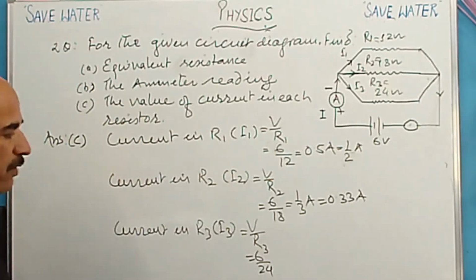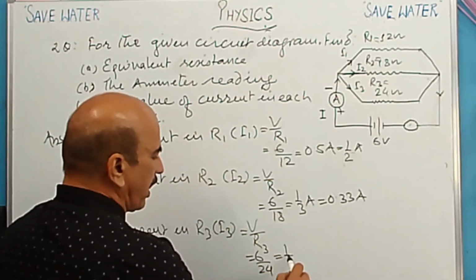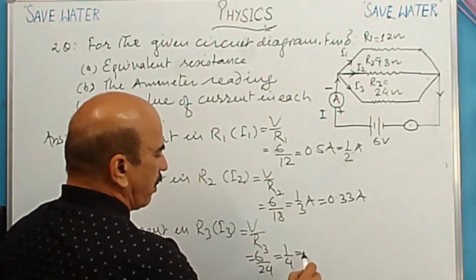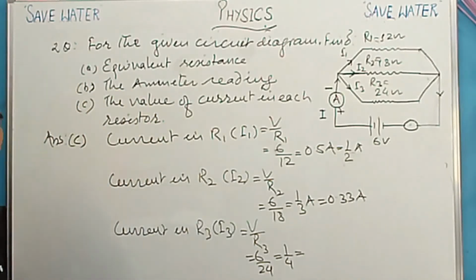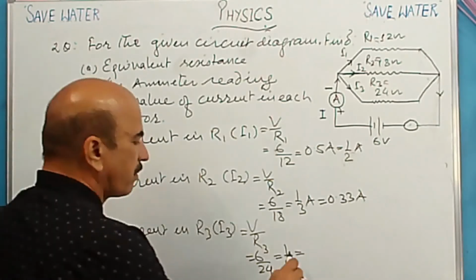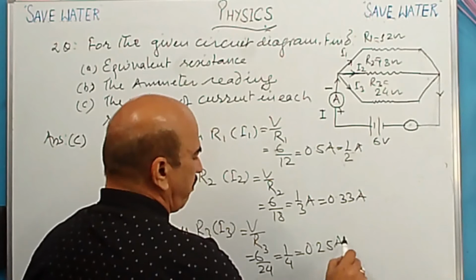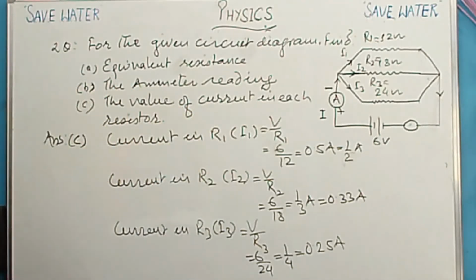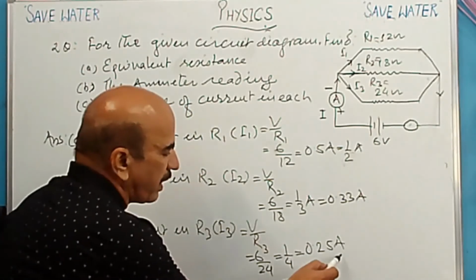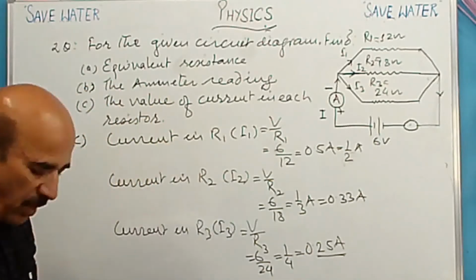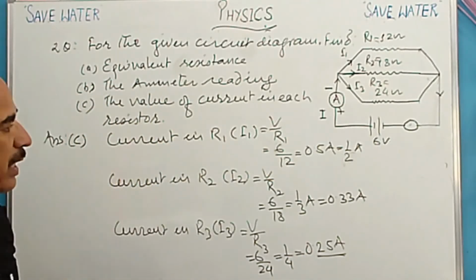So 6 upon 24 means 1 upon 4 equal to how much? 1 upon 4 means 0.25 ampere. Okay, 0.25 ampere. So now we have got three currents, I1, I2 and I3.